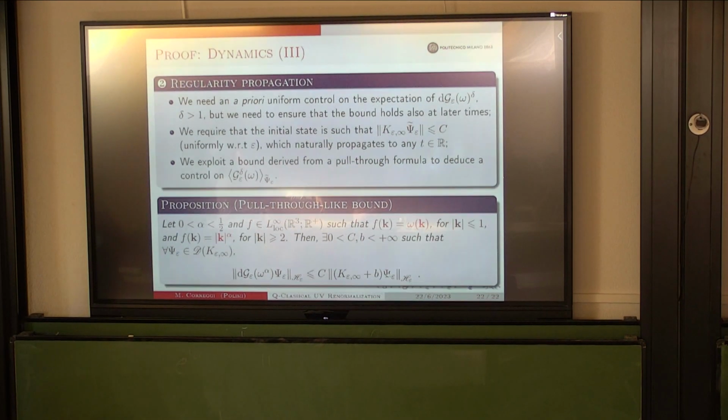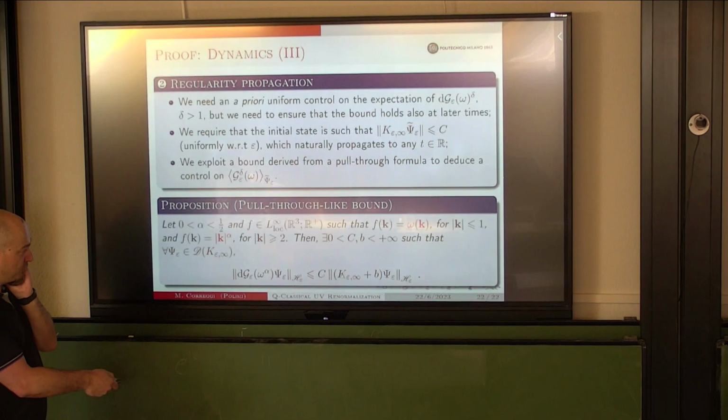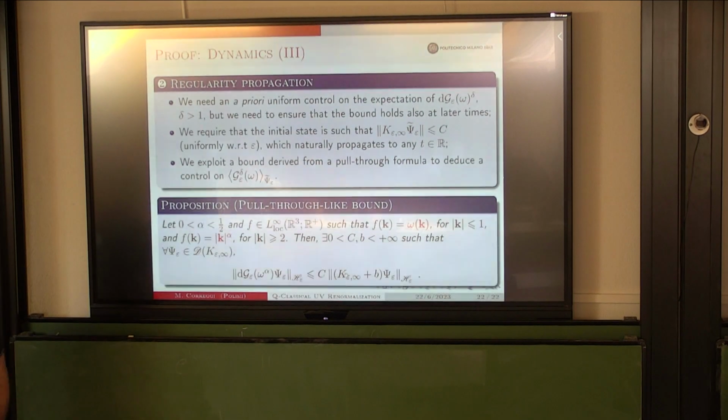This gives you the control on this quantity to the power 2, so the expectation, and then with that you can propagate the bound, because the bound for this quantity will propagate over time, since it commutes with the evolution.